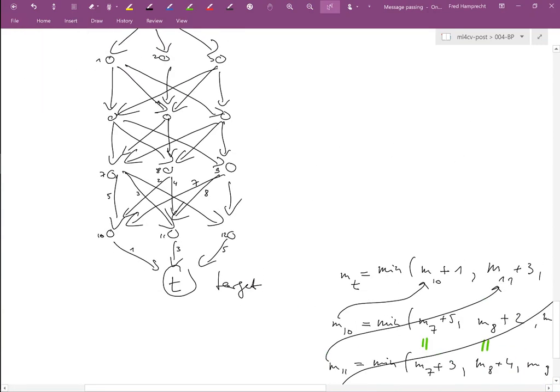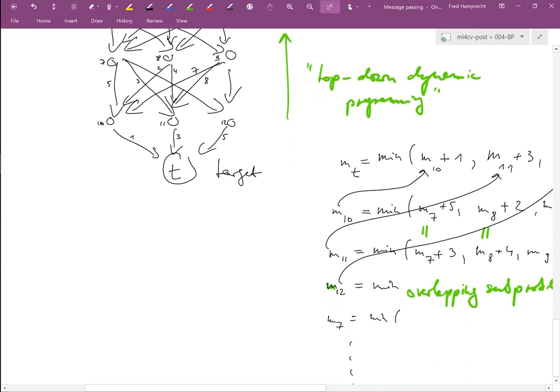So if we go in this direction here, by asking questions, this would be top-down dynamic programming. And actually for dynamic programming to work, we need two conditions.